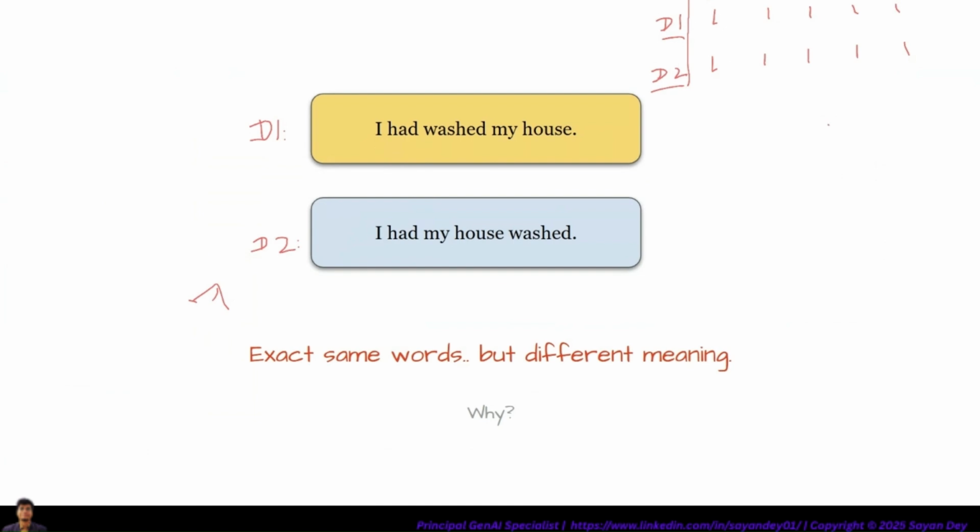That's the problem, because it doesn't capture the meaning. It's only looking at counts. You can have two documents with the exact same count of words that mean completely different things. This is the primary limitation of the bag of words technique.